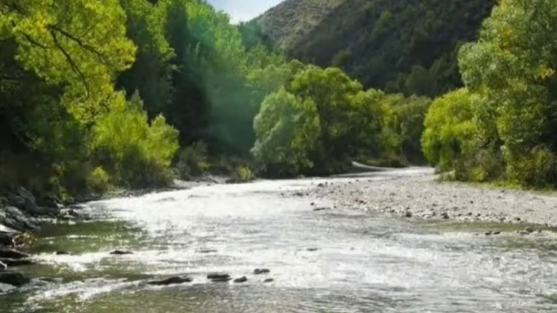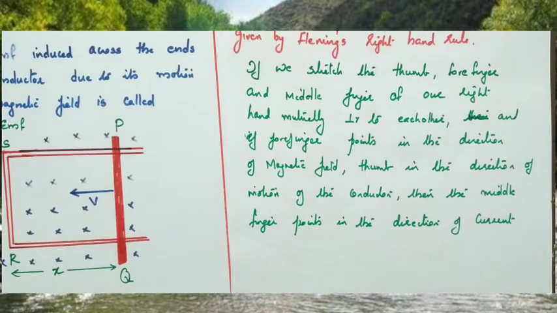The rule is, if we stretch the thumb, forefinger and middle finger of our right hand mutually perpendicular to each other, and if the forefinger points in the direction of magnetic field, thumb is in the direction of motion of the conductor, then the middle finger points in the direction of current.